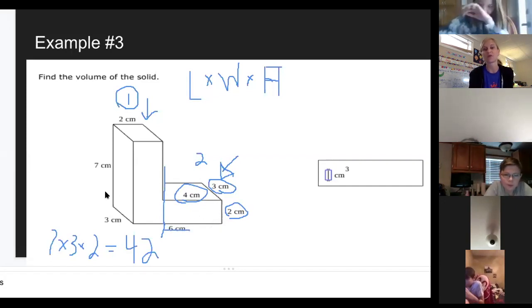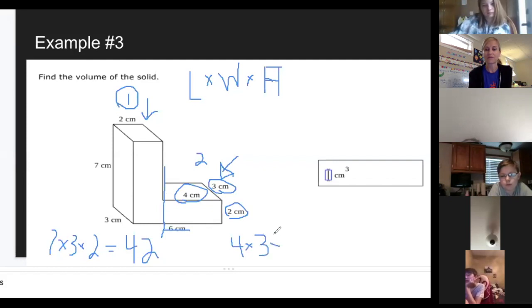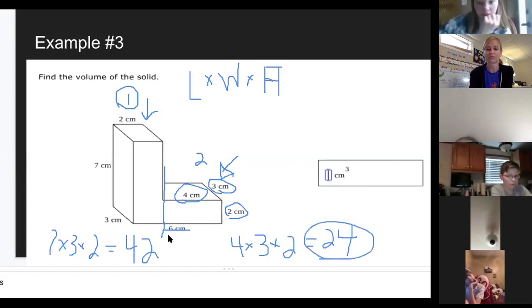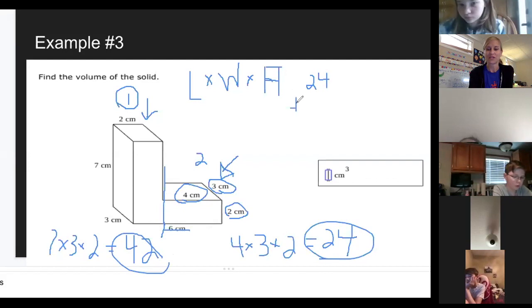If I would have gone the other way, we could have used it. So this one is 4 times 3 times 2. Anybody know? 24. Thank you. Okay, last part. What do we do to get that whole answer? Add 24 and 42. So we're going to do 24 plus 42, 66. Good job.